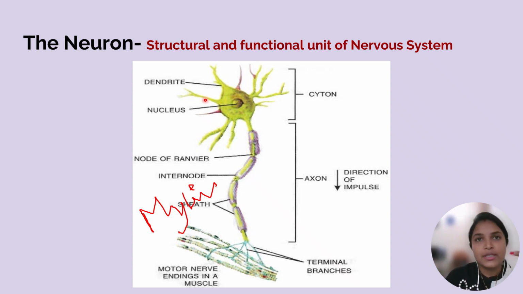The stimulus is there in the environment, and the receptors under the skin receive the stimulus or the messages, transmit it through the dendrite, pass it down to the axon, then to the terminal branches, and finally to the effector muscle. So this is the general picture of the transmission of the impulses from the outer environment to the inner environment. Inner environment means the inside of our brain and the spinal cord.